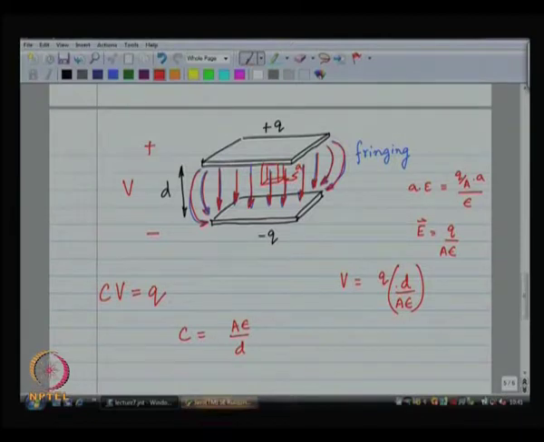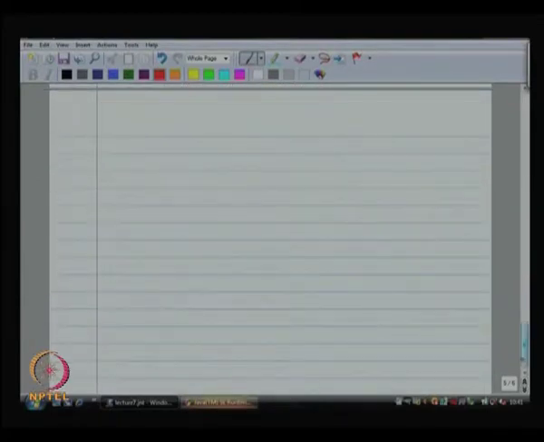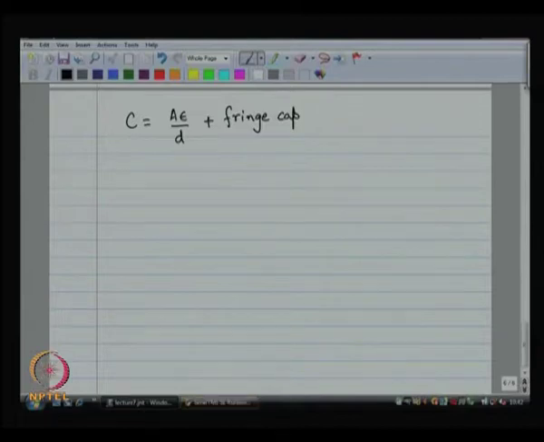Okay. So, the net capacitance now is proportional to the area, and there is some additional capacitance because of the fringing. Now, this fringing capacitance is going to be proportional to what?